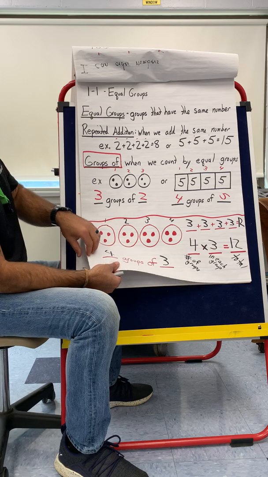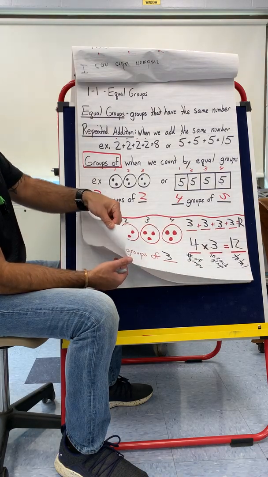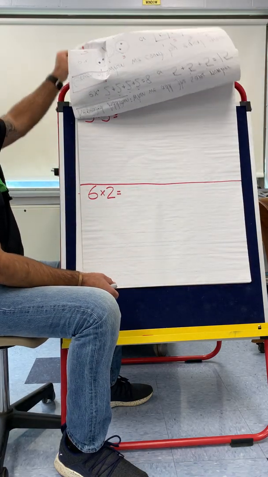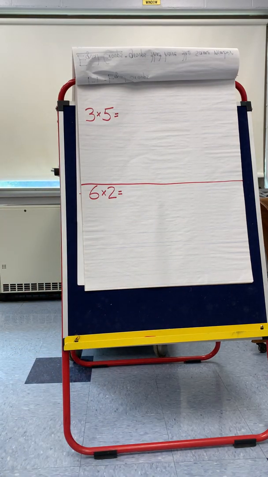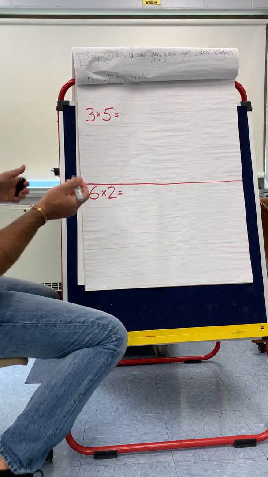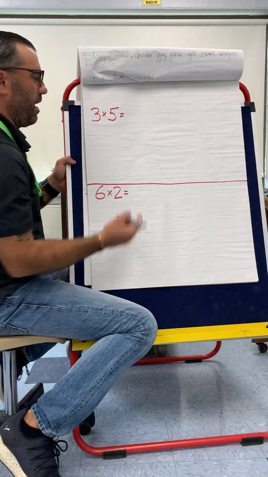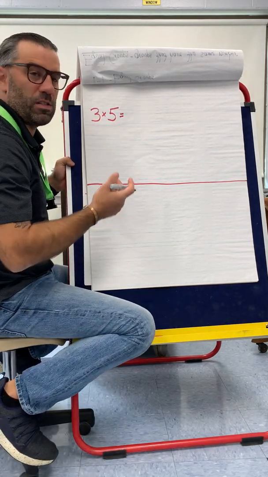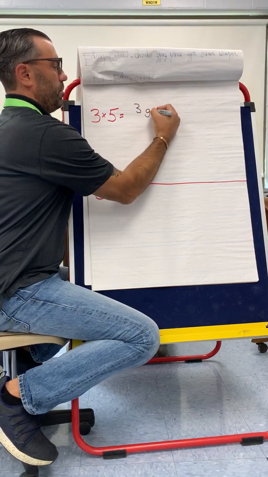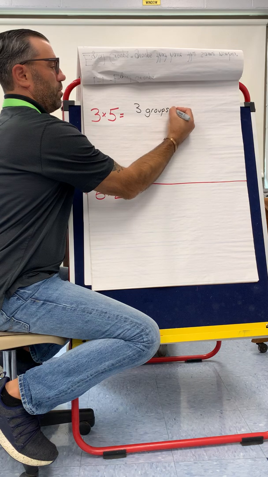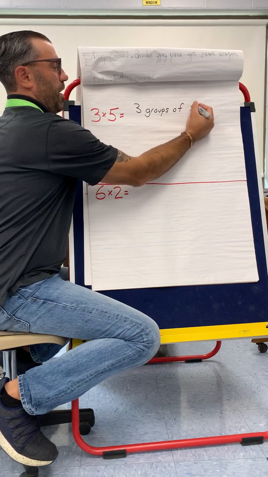Okay? So let me show you a couple more examples. Say I had to do 3 times 5. Well, what does 3 times 5 mean? Say it with me. It's 3 groups of 5, right? What does 3 times 5 look like?